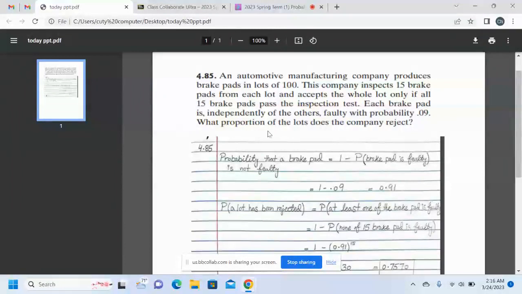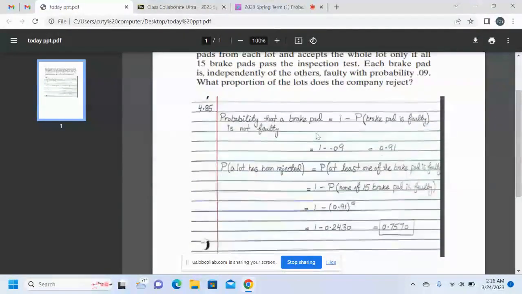What proportion of the lots does the company reject? So the solution of this question: the probability that a brake pad is not faulty is 1 minus the probability the brake pad is faulty, which is 1 minus 0.09, given in the question. So the answer is 0.91.